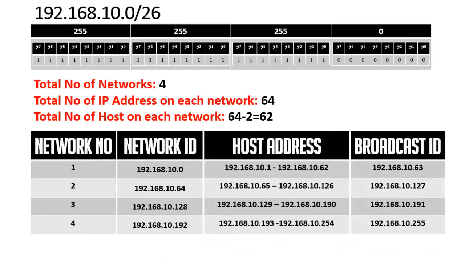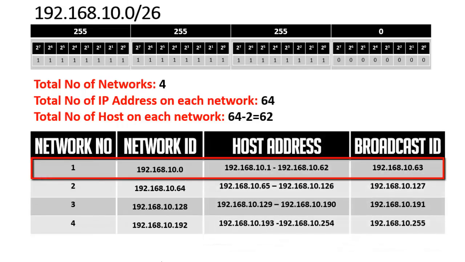Now let's find the hosts and the broadcast address. Our IP addresses start from 192.168.10.0, so its hosts definitely start from 192.168.10.1 to 192.168.10.62. And the last IP address, which is the broadcast address, is 192.168.10.63.